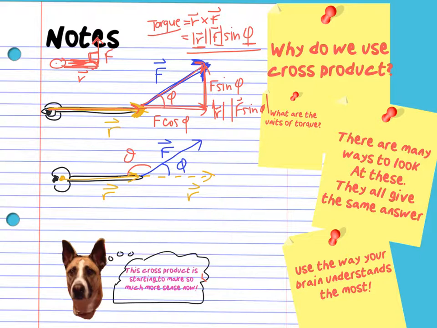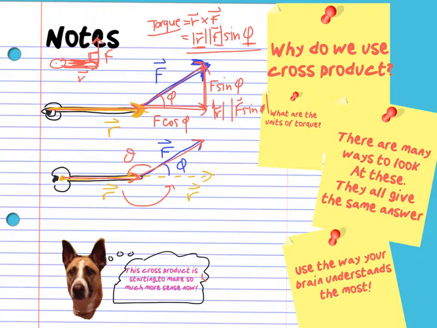Or you could look at it and say, okay, this is my position vector, this is my force, but when I cross the two, my tails have to be together, so I'm just going to move my position vector to right here so that the tail of my position vector is with the tail of the force vector.